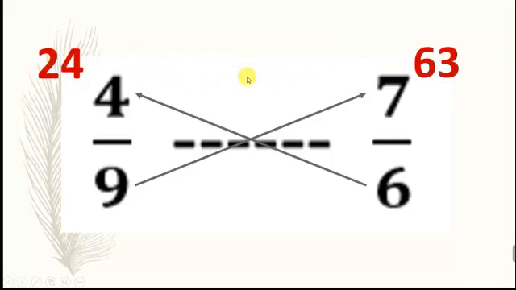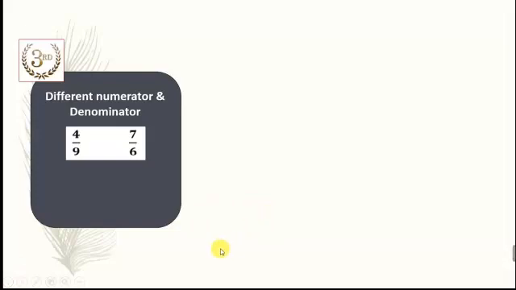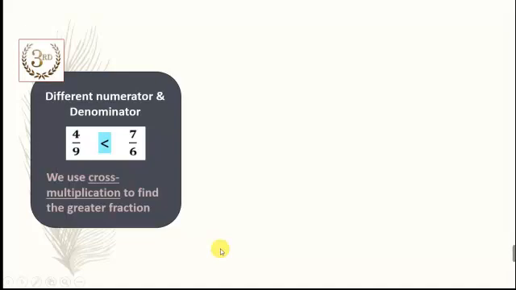So 24 is smaller than 63, and that means 4 ninths is smaller than 7 sixths. So when we have different numerator and denominators, we are going to use cross multiplication to find the greater fraction.